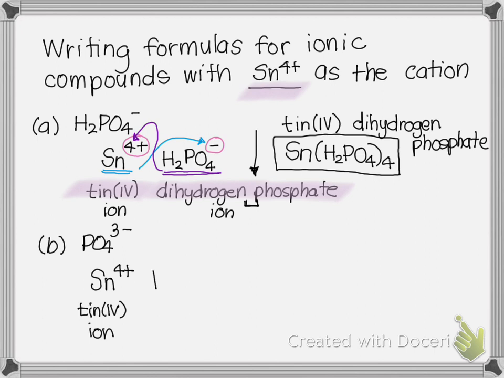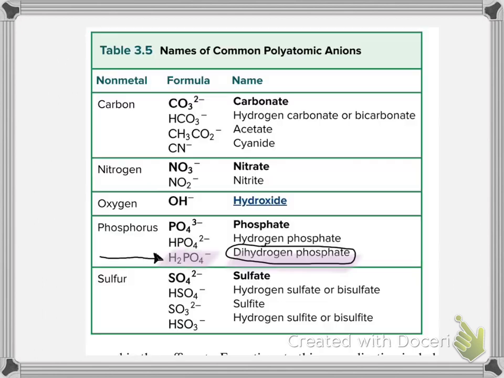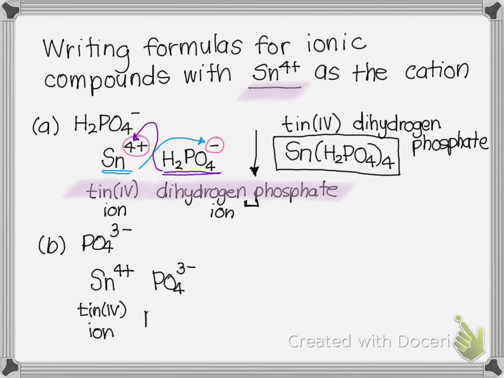And then PO4, 3 negative, is the polyatomic ion. Now, I'm going to look on this slide again, and this phosphate is one of the ones that I ask you to memorize, and there it is right there. So phosphate is the PO4, 3 negative. So this is a phosphate ion.